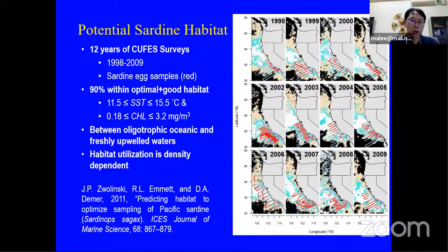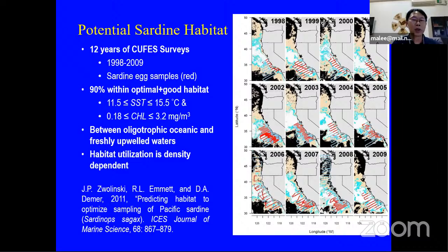They also tried to use, how to say, a statistical model, a generalized additive model, so they can, based on this model, combine the fish egg data and the environment data and find the optimized sardine habitat.